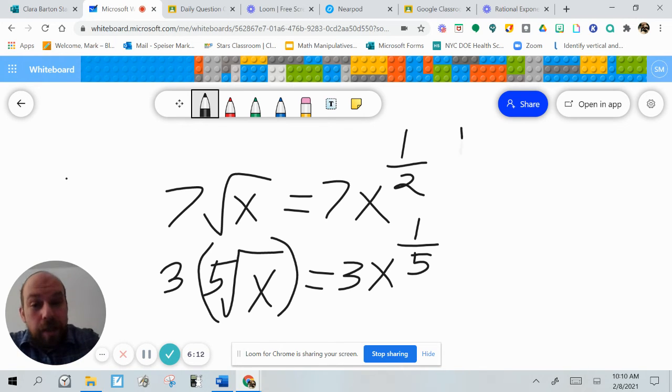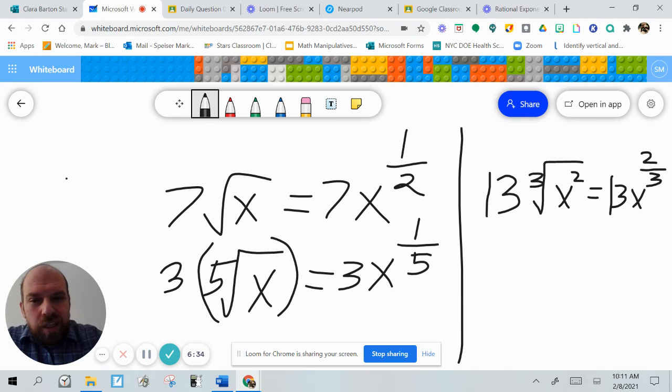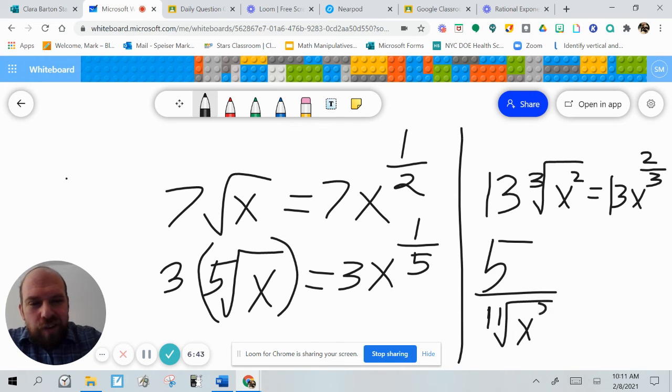2 more examples, just to get the point across. So if we had 13 cube root of x squared, that would be 13x to the 2/3. And let's really make it interesting. 5 over the 11th root of x to the 3rd.